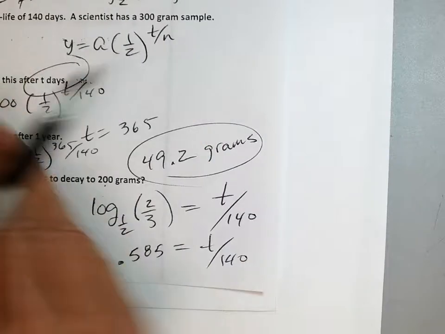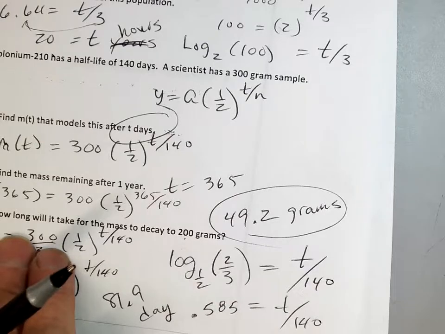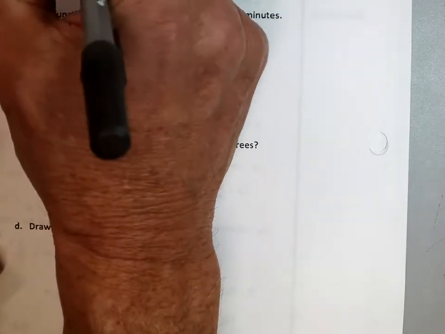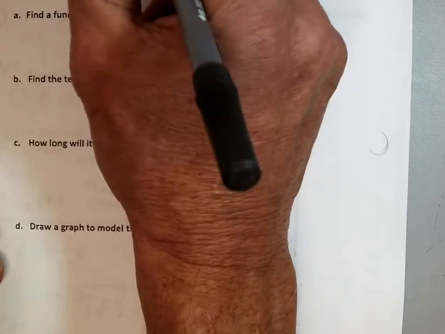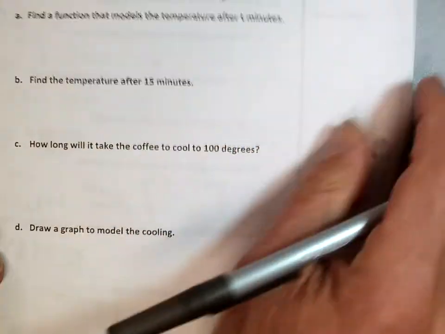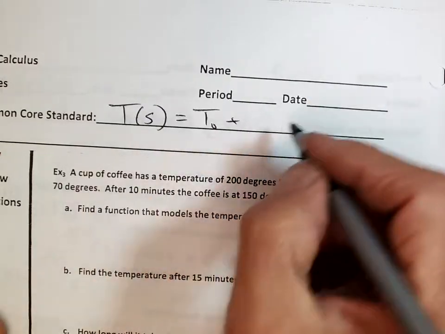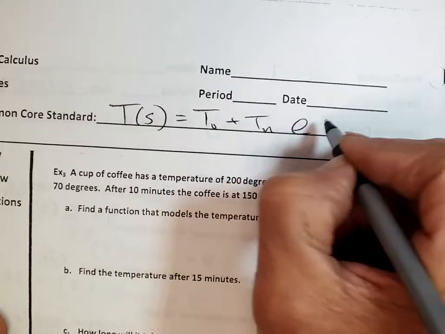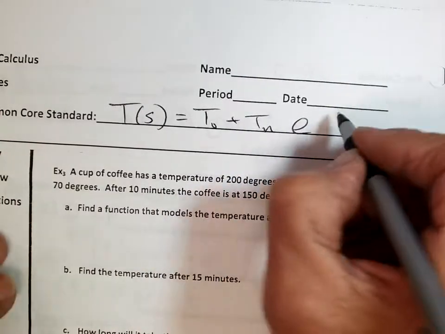Before you guys go, write this one formula down. You need this formula. T of S equals T0 plus Tn e to the negative kt.